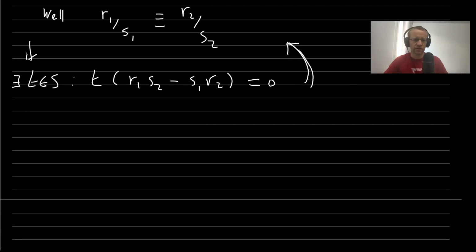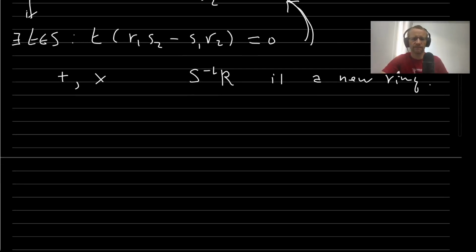Then we can just define addition normally, the product normally, and S^{-1}R is a new ring in which we understand which fractions are equivalent.